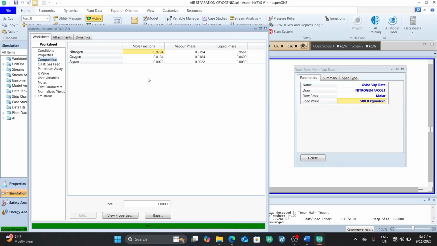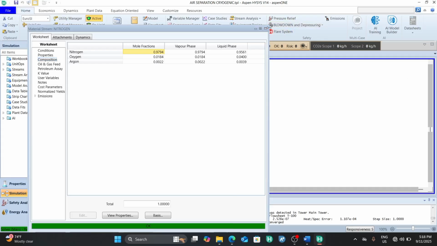Let's check that in percentage. 489.7 over 781 multiplied by 100 gives us 62.7. So I'm pretty much sure that we can now use a single column to achieve those specs.